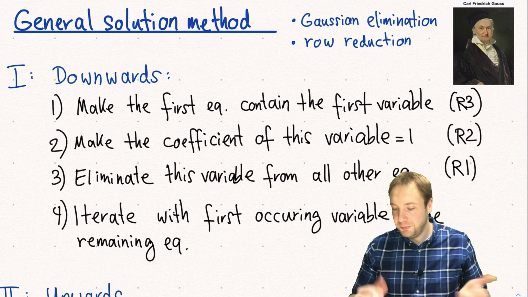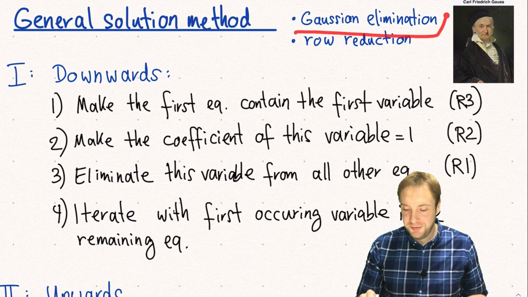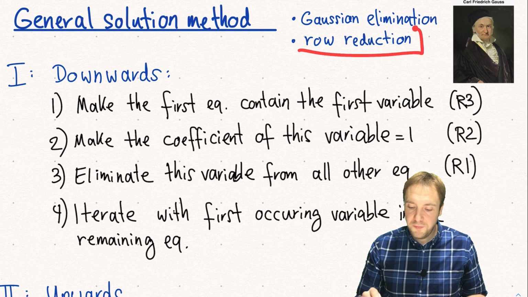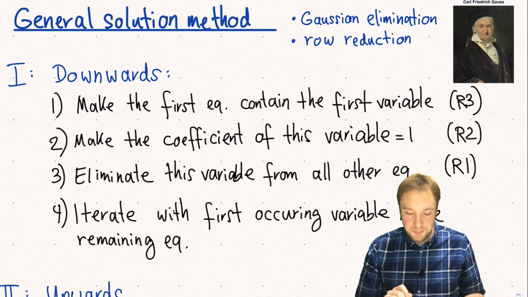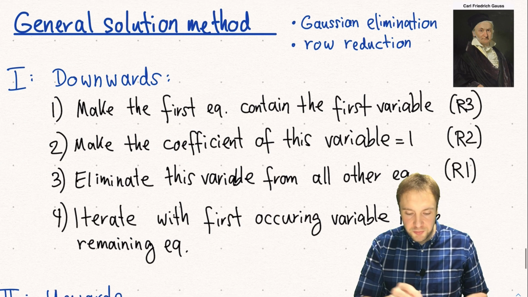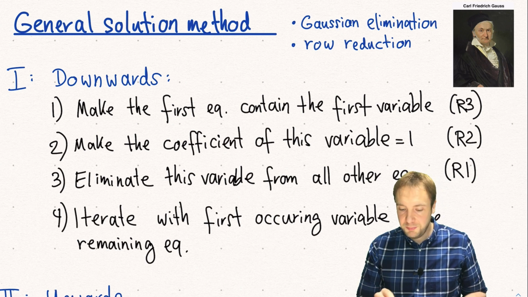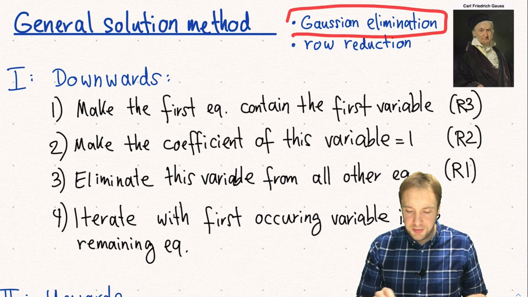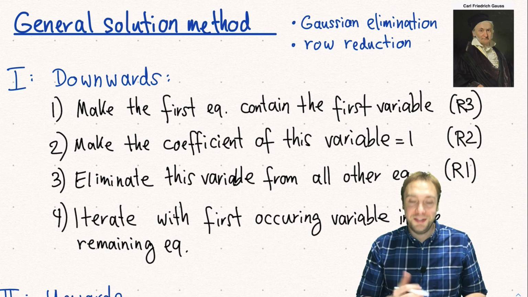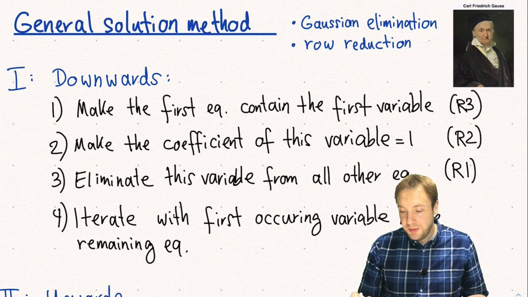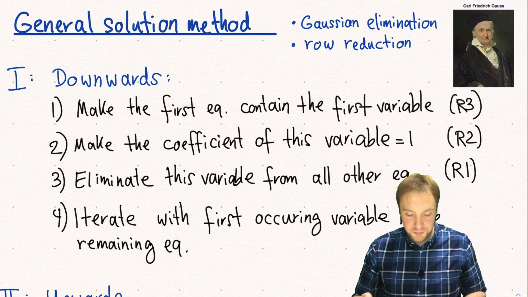So there's some strange reason why for some people it's called Gaussian elimination, but also often you can find the notion of the word row reduction. But anyway, because I'm German, I need to mention this guy here, because he's a quite famous mathematician, and this is how usually this method is called. But even though this funny guy here didn't really invent it for the first time.